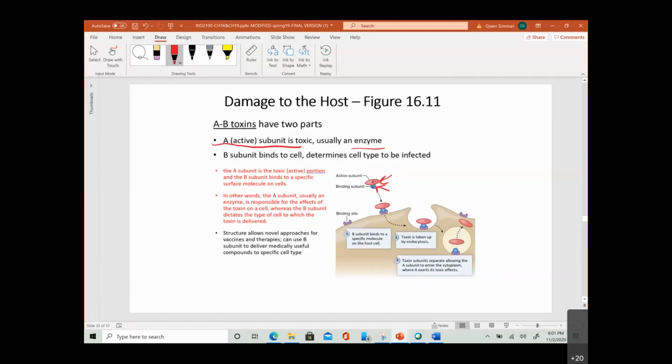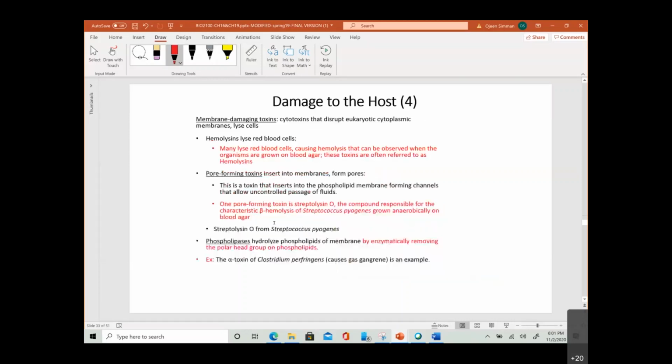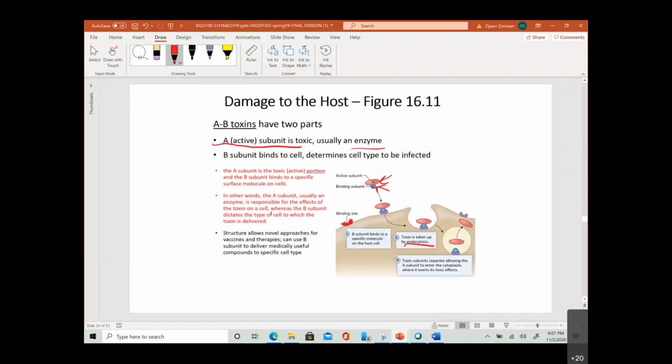The B part helps the bacteria bind to a specific receptor site, and after the B binds, that allows the A part to be taken in through endocytosis. This one is very important.